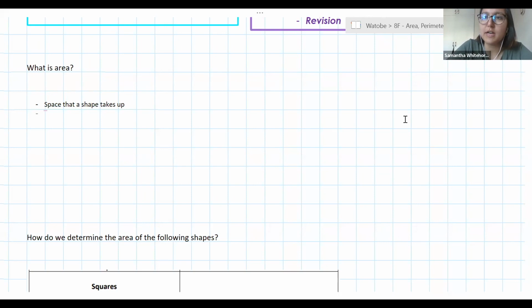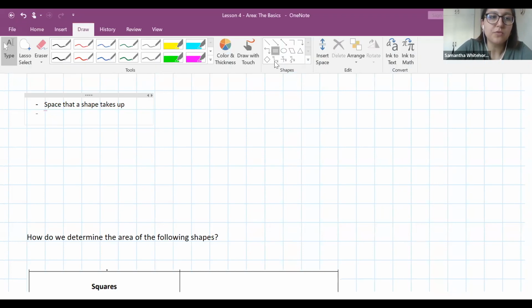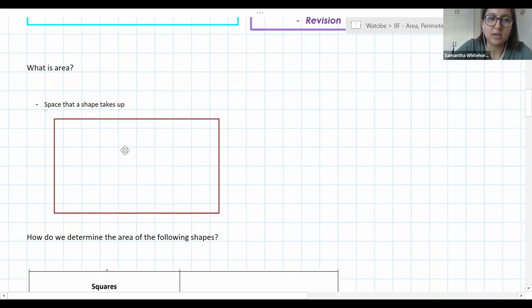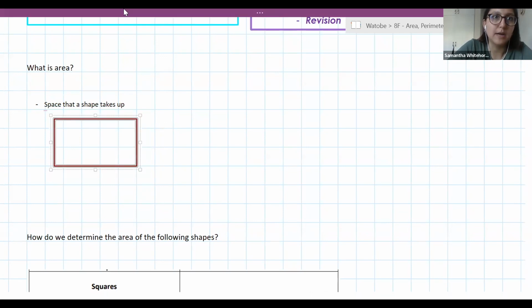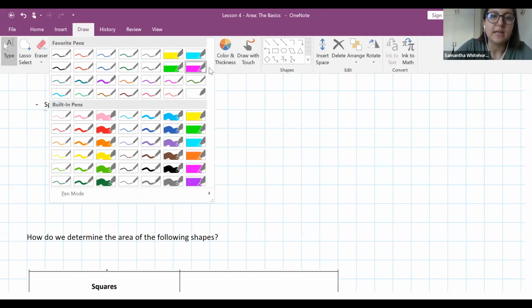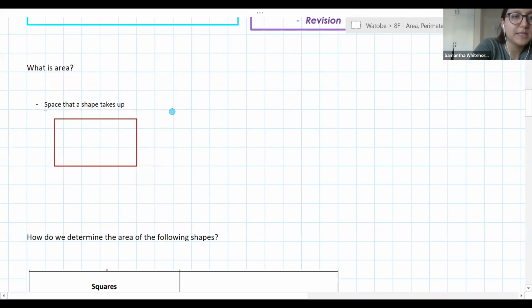Alrighty, guys. So basically what we need to be mindful of is that area is now considering the space a 2D shape takes up. To illustrate this, if we consider a rectangle, that's a massive rectangle, just going to make that a tad smaller. We know that perimeter is the outside length of my rectangle.